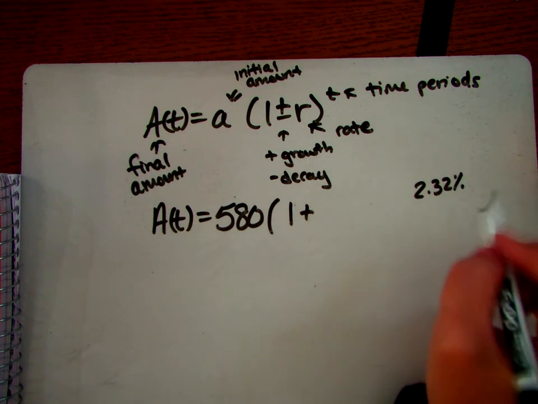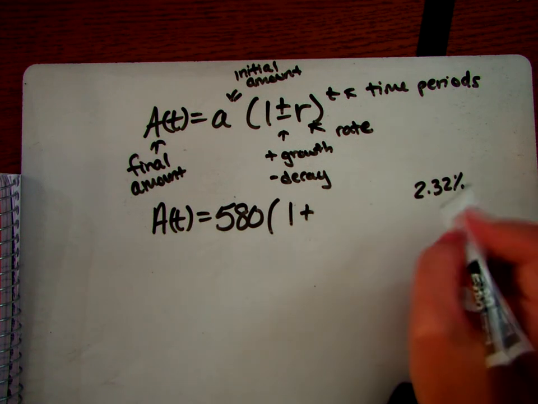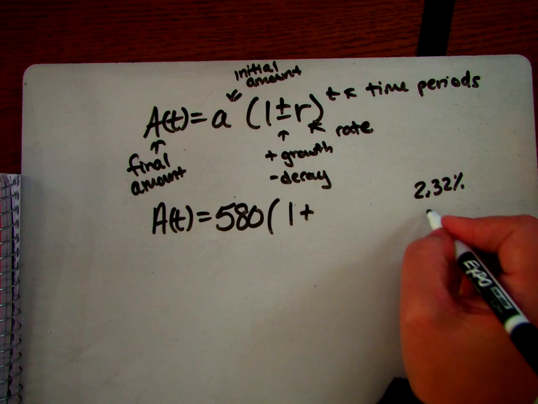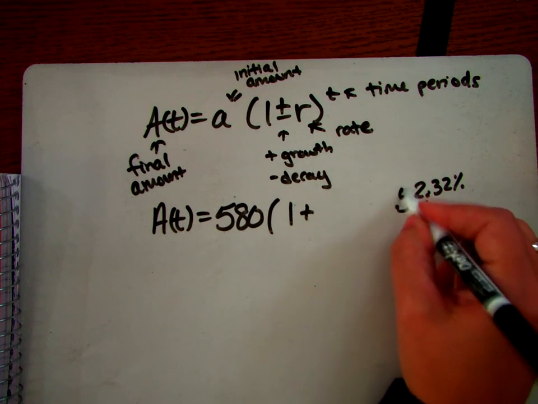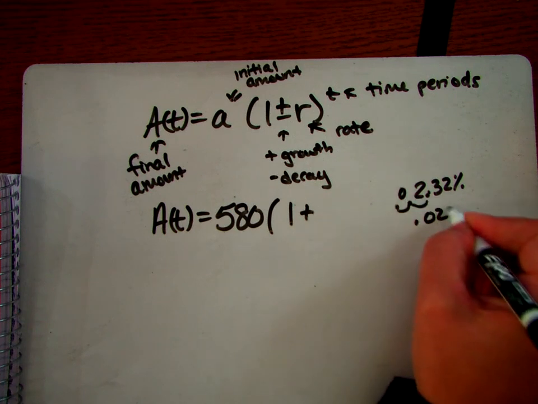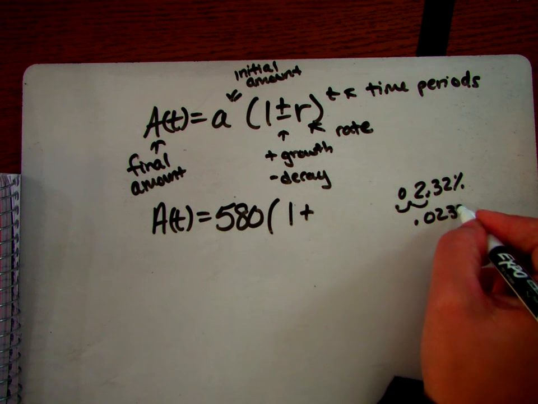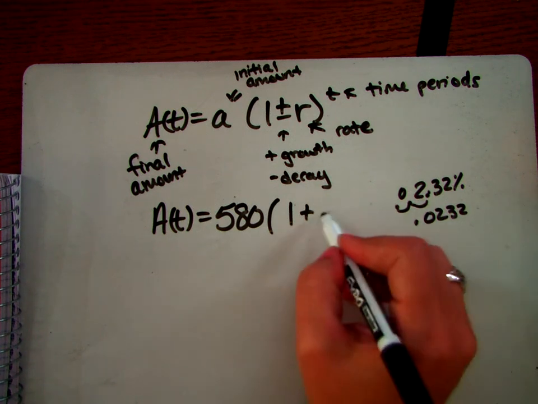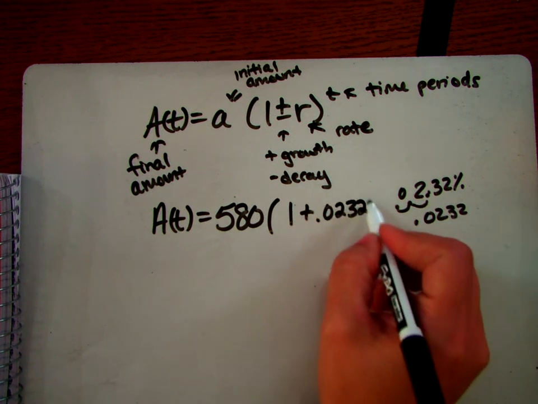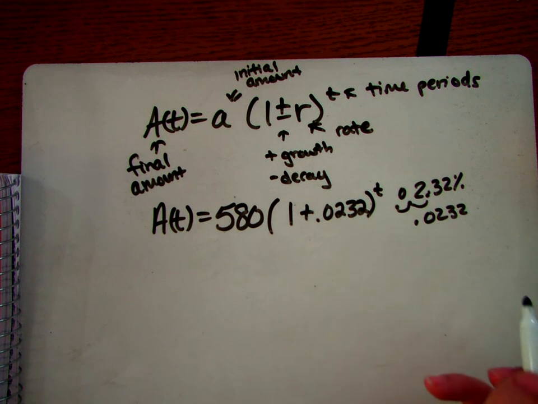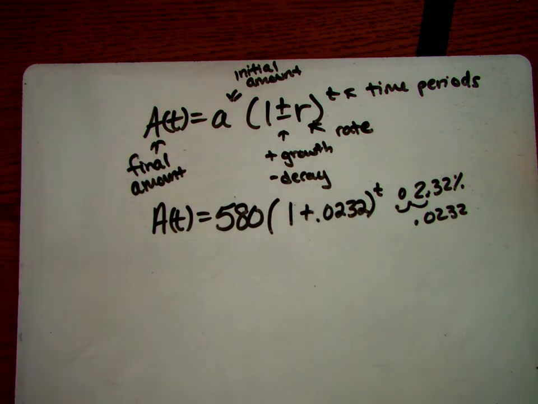Now, with percentages, I need to transfer into a decimal. So you divide by 100, or just move your decimal to the left twice. So it's 0.0232. So it's 1 plus 0.0232 raised to the t. That is our function representing this.